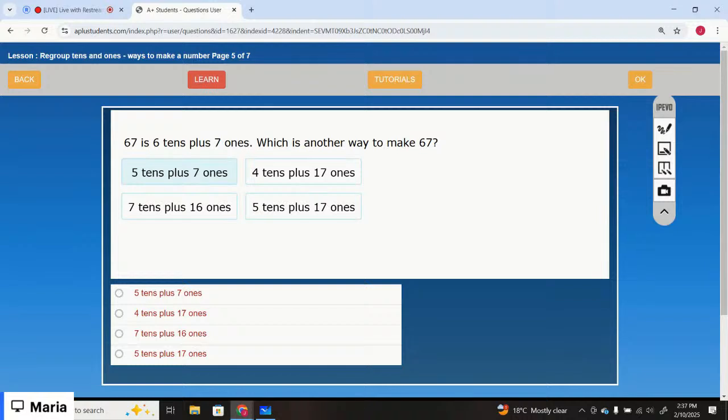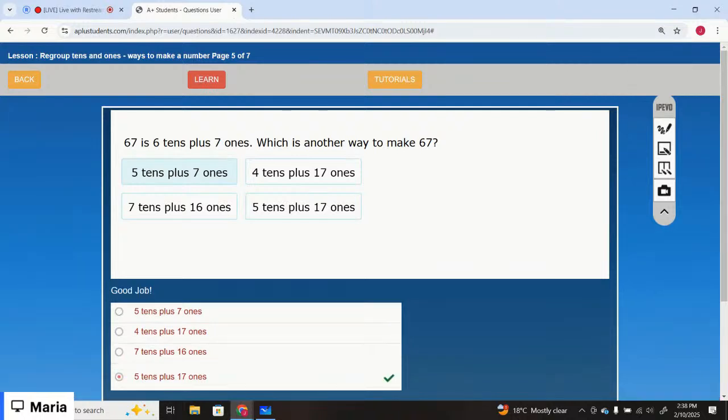67 is 6 tens plus 7 ones, which is another way to make 67. 5 tens plus 17 ones. Option number D is the correct option.